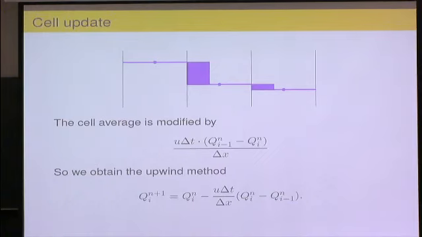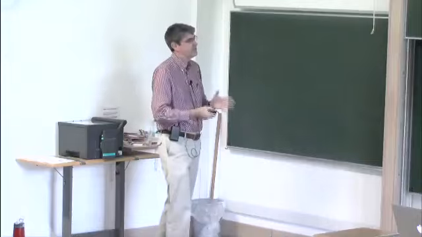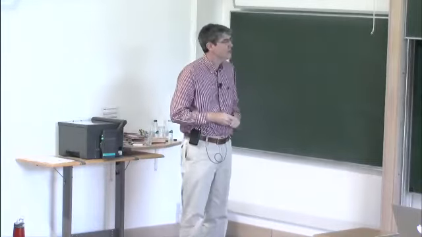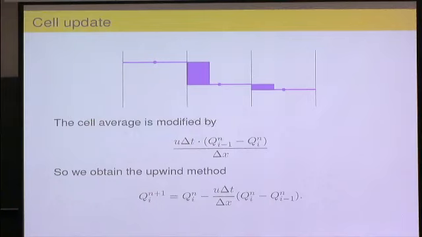If you plug this in, this just gives the first order upwind method, which you can easily derive as a finite difference method, but this is the finite volume interpretation of the upwind method, this special case of Godunov's method.